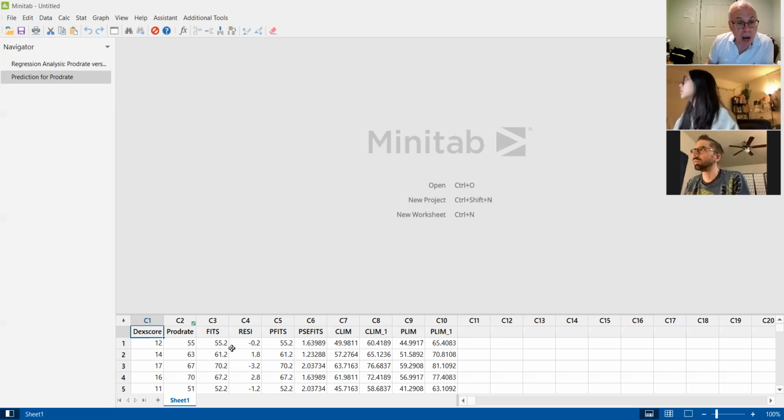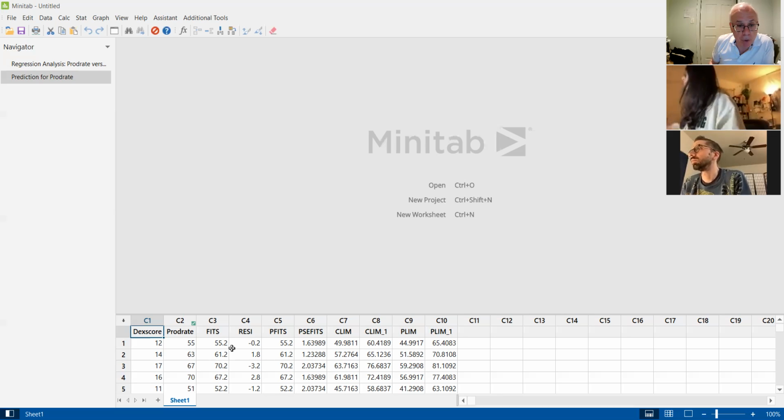Now I come pretty close to the lower limit of 49.9811. I get 49.9808, pretty close to what Minitab comes up with here. And then if you add that 5.2192 to 55.2, I got 60.4192.